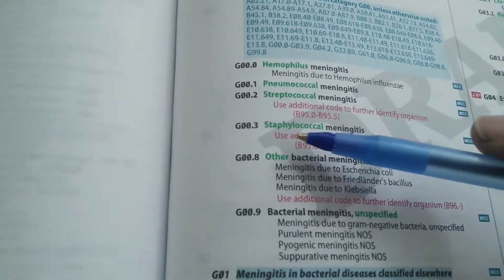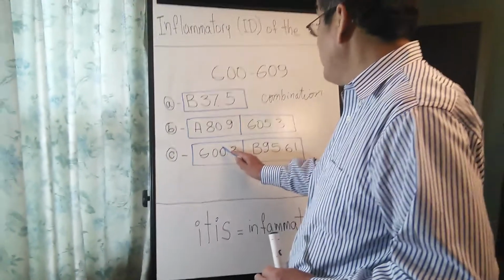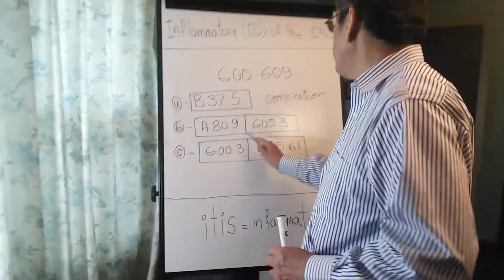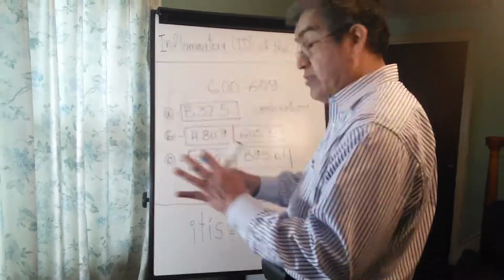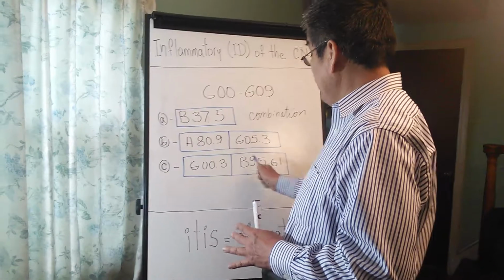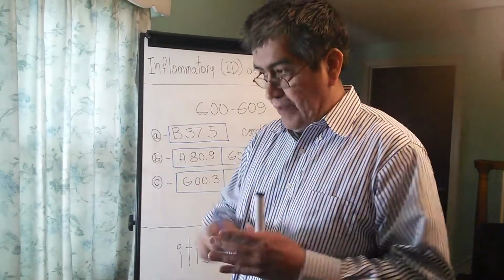And now it says use additional code, which means that after you coded the meningitis here, they want you to use an additional code. That's why it goes afterwards. It doesn't go before, but afterwards, because the instruction says to use an additional code. Okay?